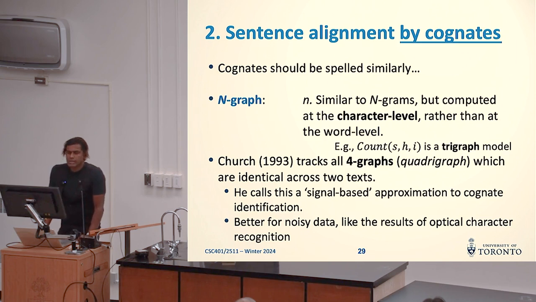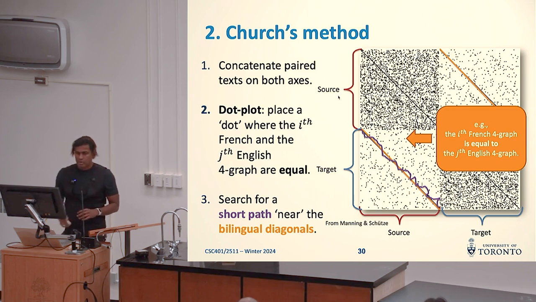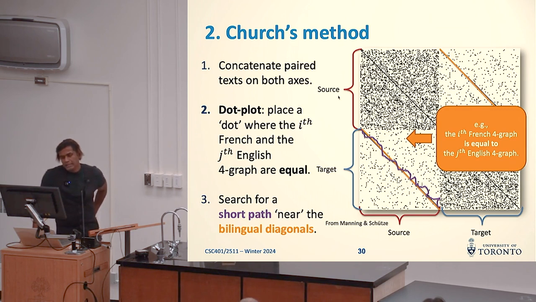So with that kind of setup, we can draw up what is called a dot plot, or a bitext map in some literature. The idea is that you concatenate the source and target side by side and top and bottom, and then you traverse the x-axis and the y-axis, starting from 0,0 at the very top.